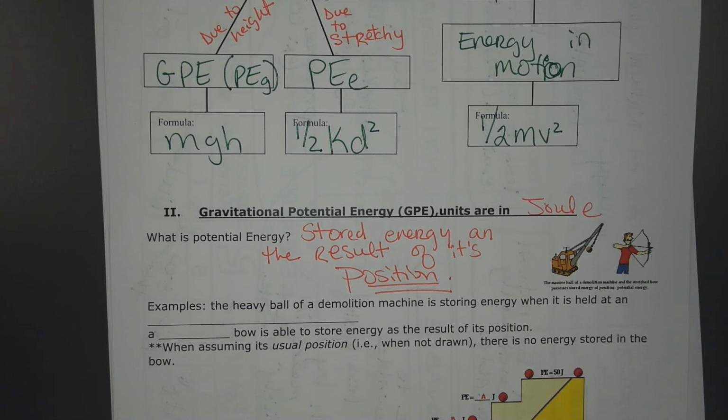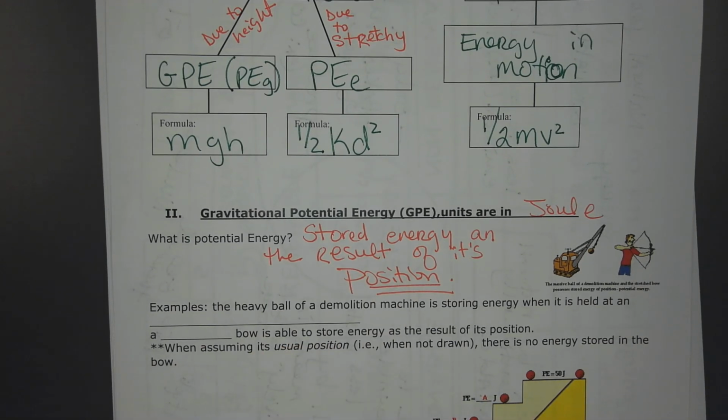What is potential energy? Don't forget, there are two different forms of potential. There's gravitational, meaning the higher it is due to its height, its position. Or there's this new one that we really haven't looked at too much yet, called elastic, which is also due to its position, meaning the further you pull it.